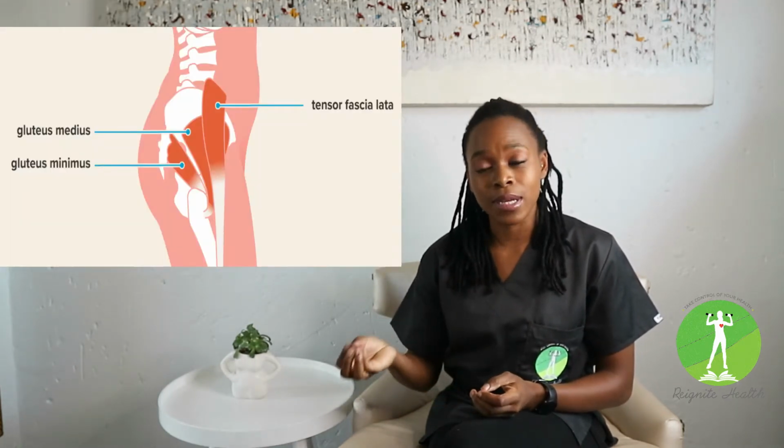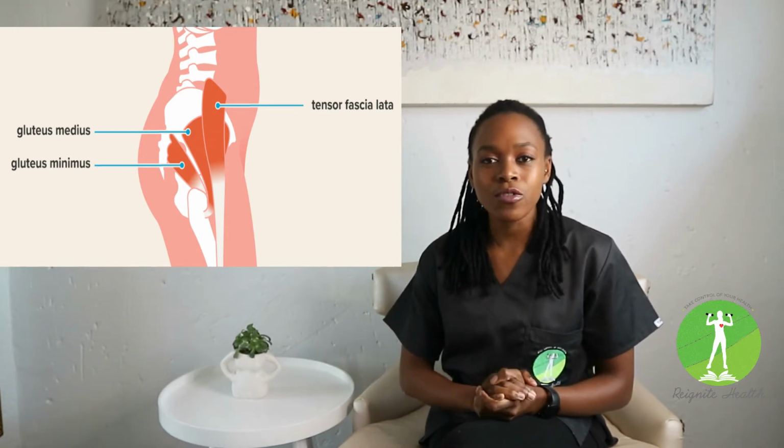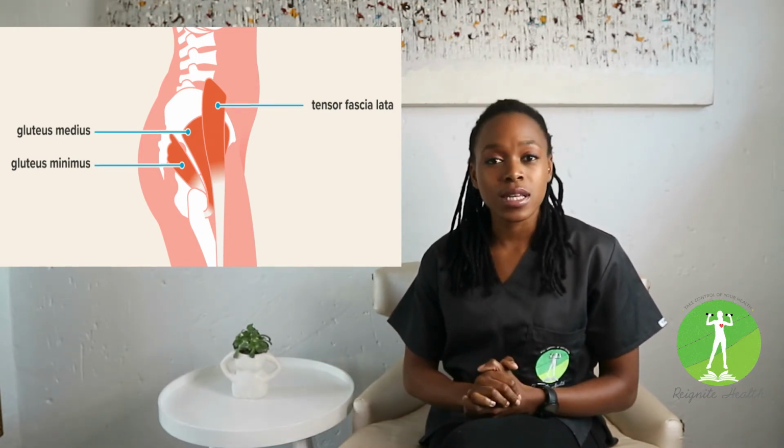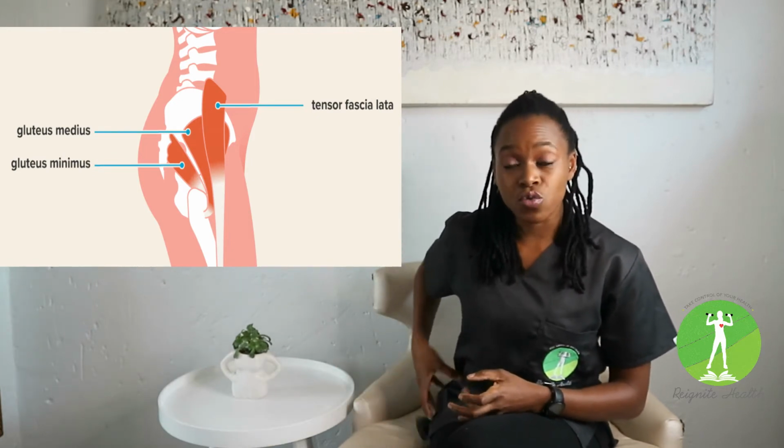All right, moving on to the sides. Moving the legs outwards away from the body is your hip abductors, okay? That's the term for it. So a few muscles in this group as well, all mainly situated in the buttock region.